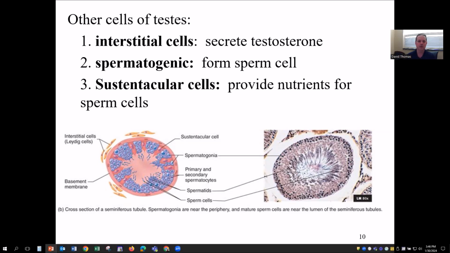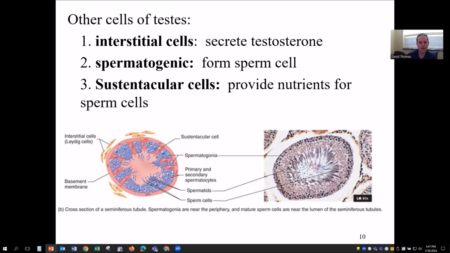These are essentially your endocrine cells. If you go back and look in chapter 16, where we talk about endocrinology, we know that the testes produce testosterone. We didn't define the actual endocrine cell producing the hormone, but here it is. It's called an interstitial cell, secreting testosterone. So that's inside of the testes here.